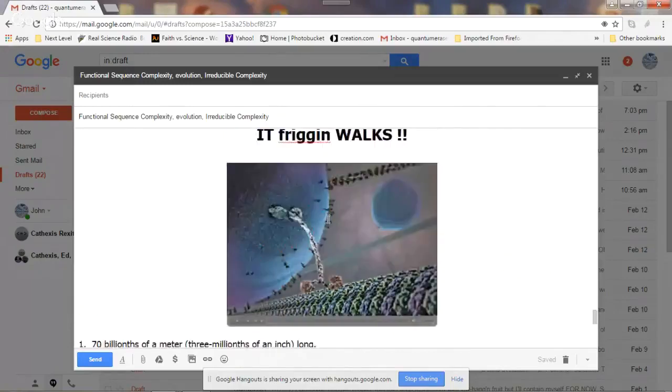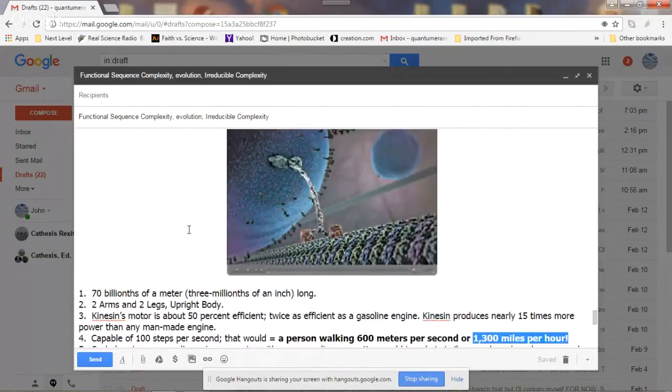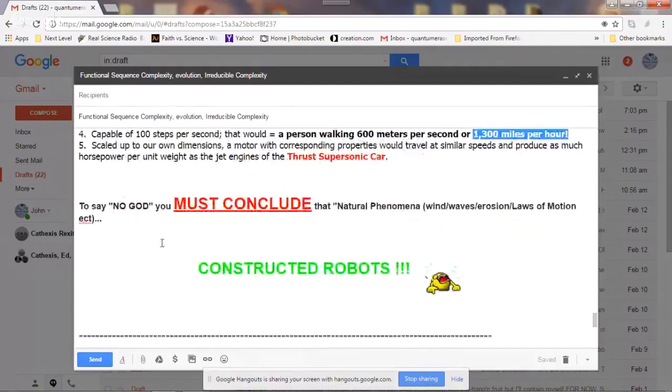You think stupid atoms can do that? To say no God, you must conclude that natural phenomena, wind, waves, erosions, and laws of motion, constructed robots. That's your position. Can't get around it.